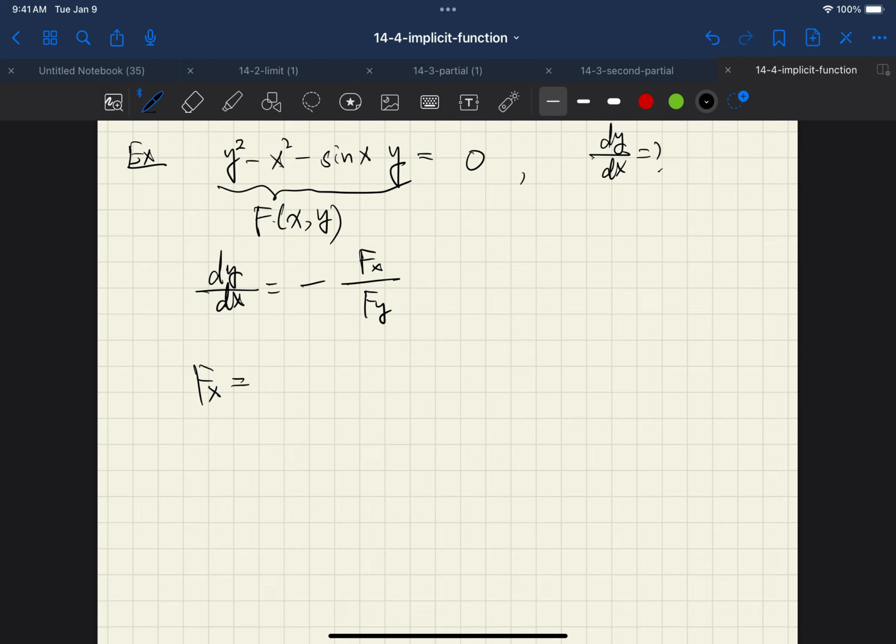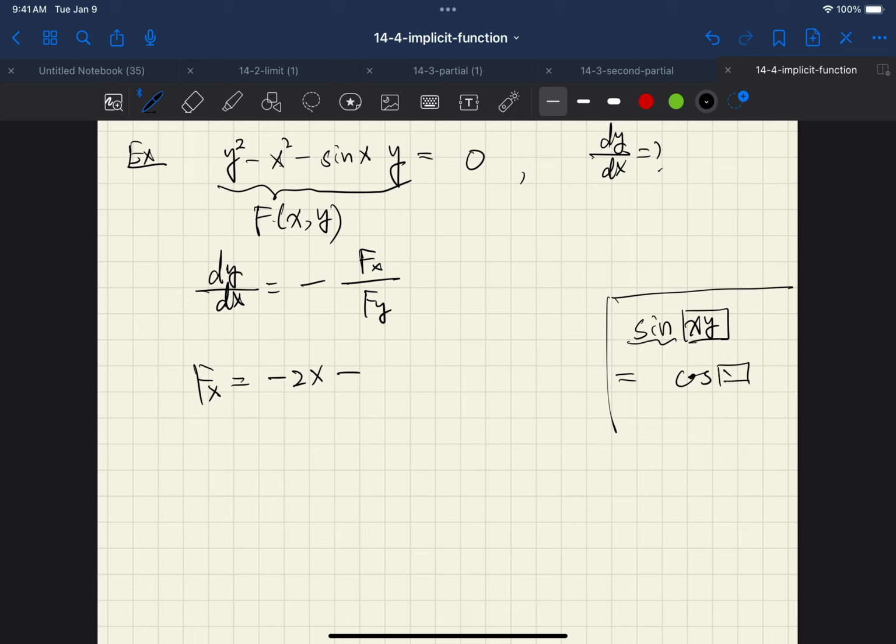So for negative x squared, it's negative 2x, and for negative sine xy, so I put negative first, and sine xy, we have to use chain rule, so it's a composition sine xy. Then the sine derivative is cosine, and whatever it comes from, multiplied by the xy derivative, but remember we are taking the derivative with respect to x.